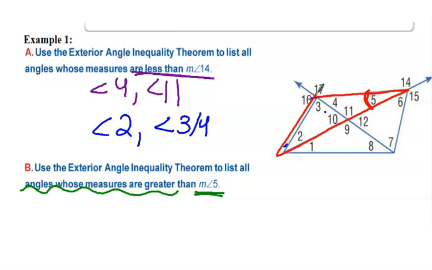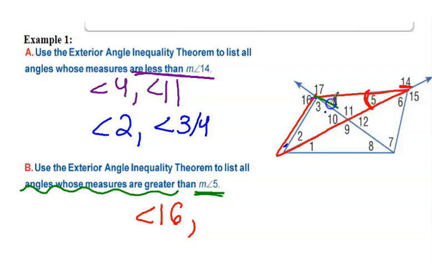Well, it's not connected to 14 because that's not a corresponding remote angle. Those are right next to each other. So we're looking for an exterior angle that is on the outside and is corresponding to that angle. So 5 would be corresponding to 16 if I drew that big triangle.